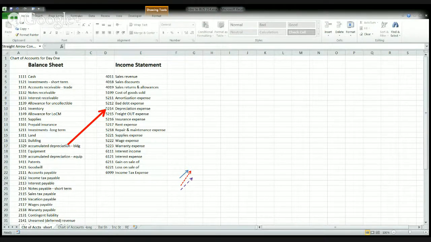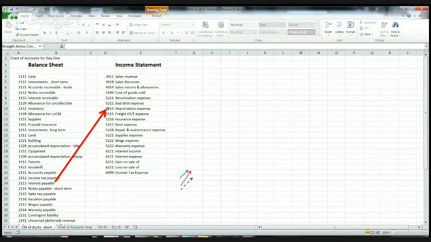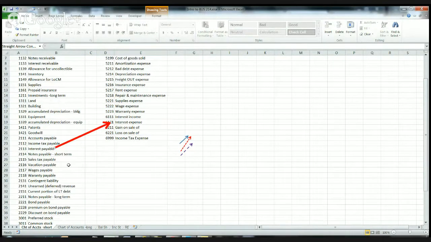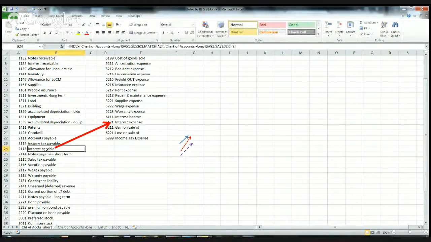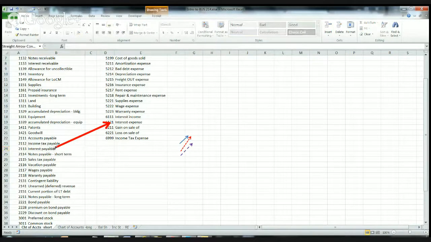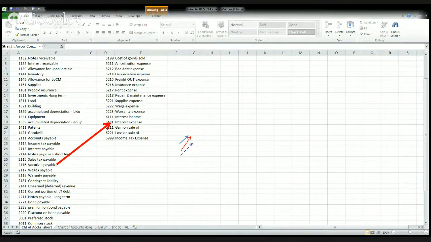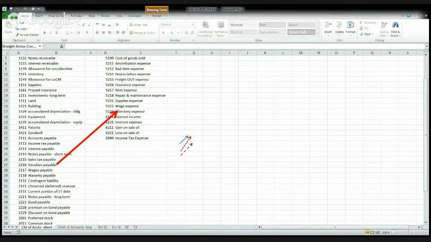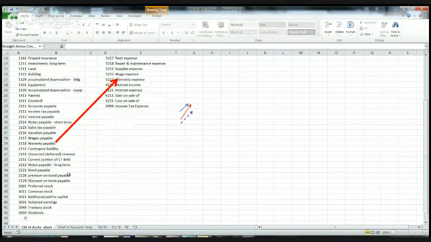If we've got interest payable, we're probably going to have interest expense. If we've got a note payable, we're going to have interest payable. We've got vacation payable, and that's probably going to go into our wage expense. We've got warranty expense, warranty payable. So hopefully you can see that these relate together.